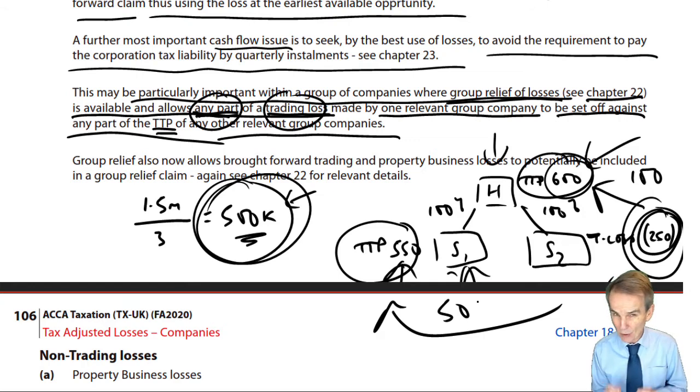And the best illustration of where that would be of greatest use is in bringing down profits of those companies within that group to the profit limit, to avoid quarterly instalment payments being made, if not just for this period, then for next period for sure. Okay.